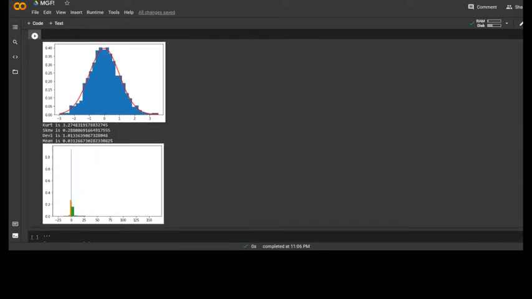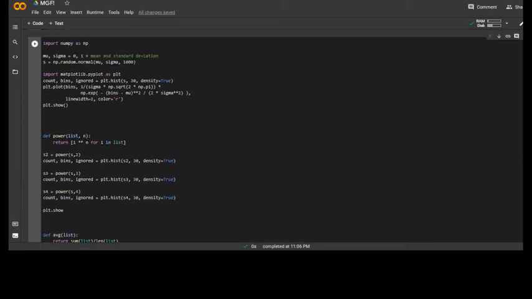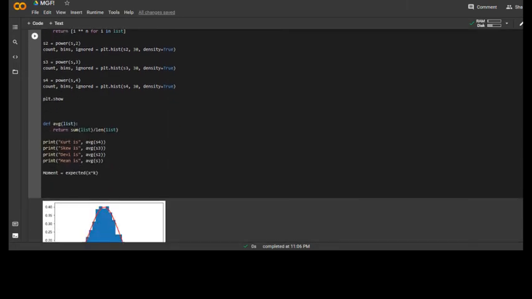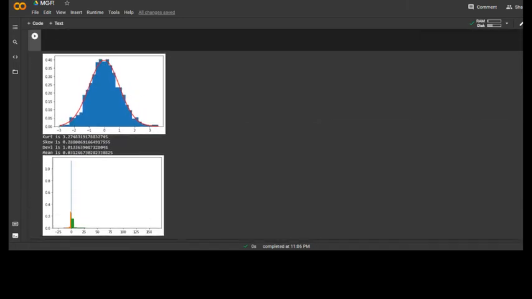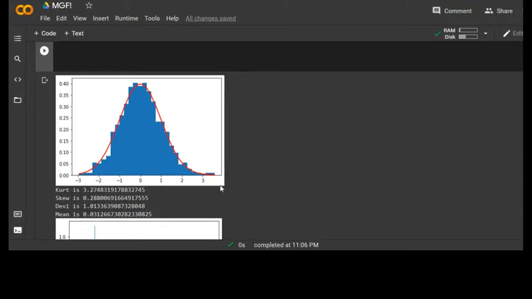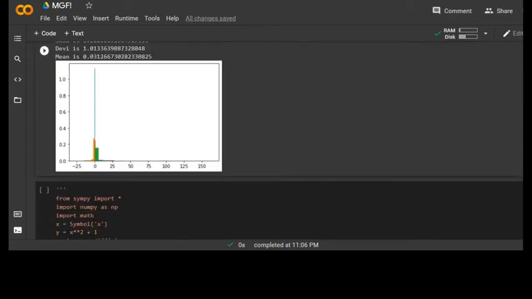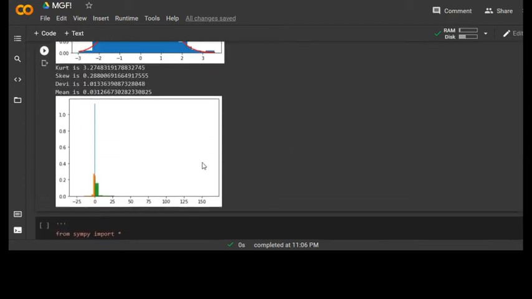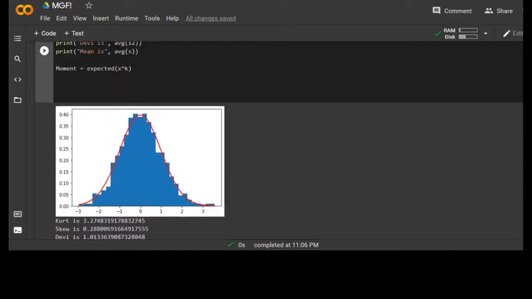So just to show this graphically, I made this little program, very simple, but it just shows you how the graphs of each moment look like. There aren't any labels, but as you can see, the green one shows you the standard deviation. The yellow one shows you the skewness, and the blue one shows you the kurtosis.